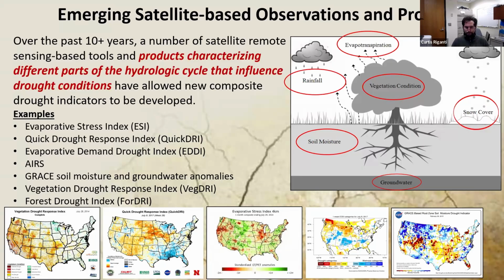Data such as, I'm just going to list a few: the Evaporative Stress Index, the Quick Drought Response Index, the Evaporative Demand Drought Index, which has a fun name, EDDI, AIRS, a NASA product, and several others that we look at to supplement the in situ or on-site measurements that we have of different quantities. We also like to use remotely sensed data.